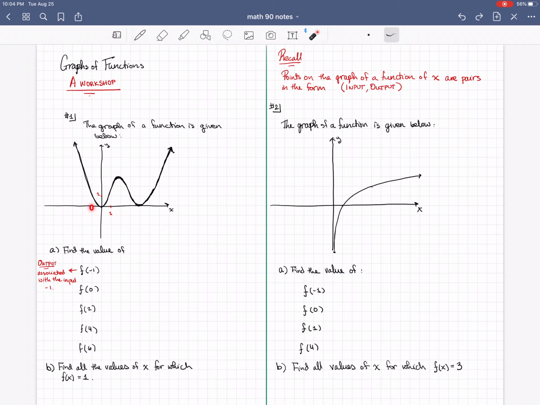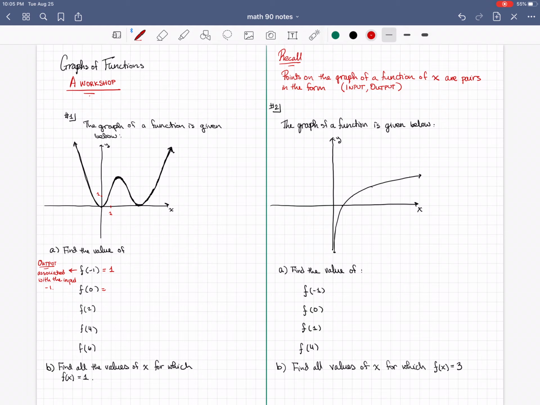Here is negative 1 on the x-axis. Now, I'm supposed to find the y-coordinate. So I'm going to dot up until I meet the point on the graph. And there is that point on the graph. I'm asking you to tell me what is its y-coordinate. Its y-coordinate appears to be 1. So f of negative 1 is 1.